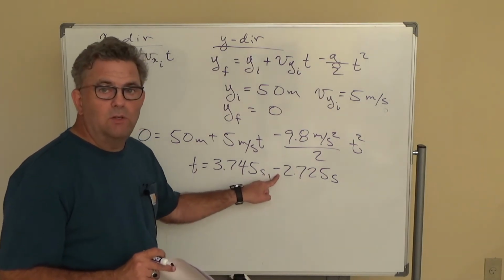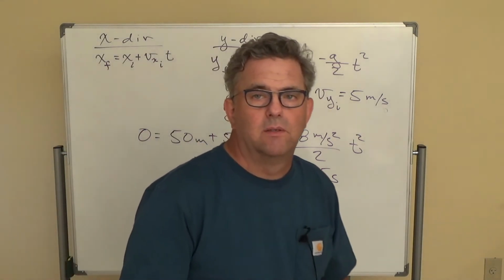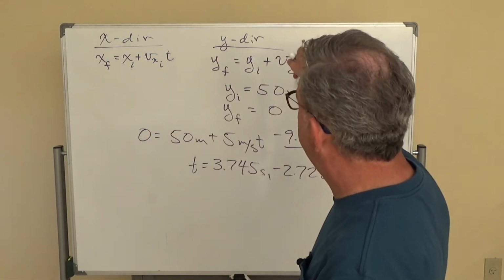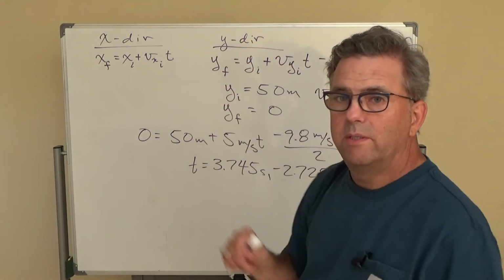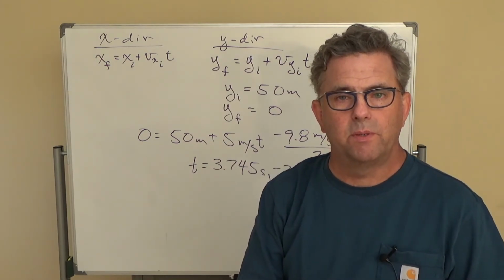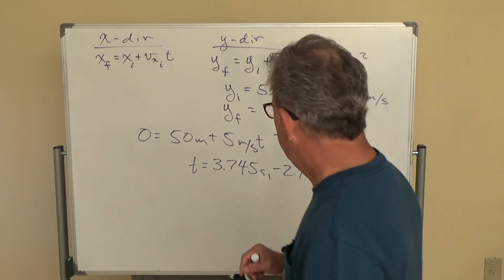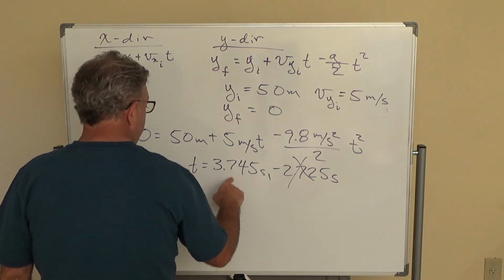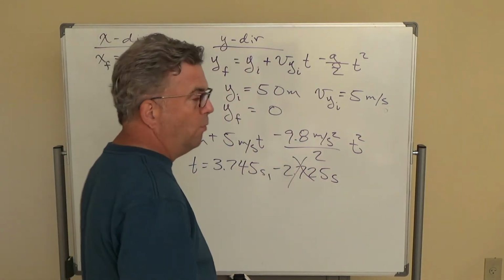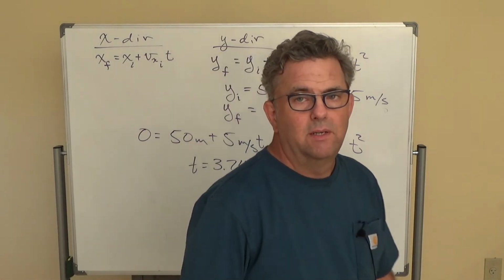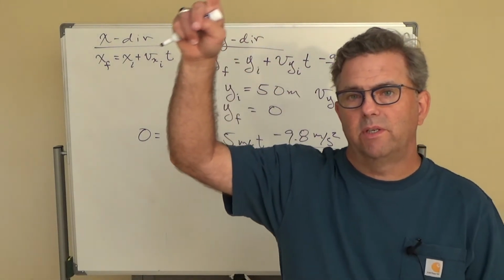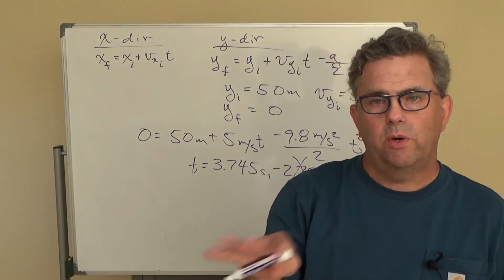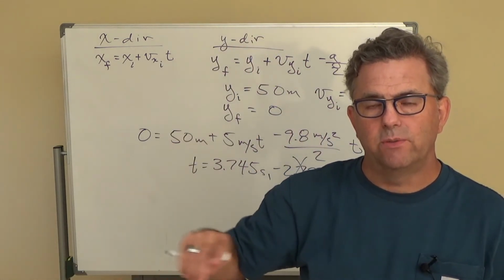This answer makes no sense for us. We're not talking about previous times, like the object came from the ground and went up to the starting point or something weird like that. So this is no good. So t is equal to 3.745 seconds. That's the time it took the object to leave the top of the building and impact the ground, strictly based on the y direction.